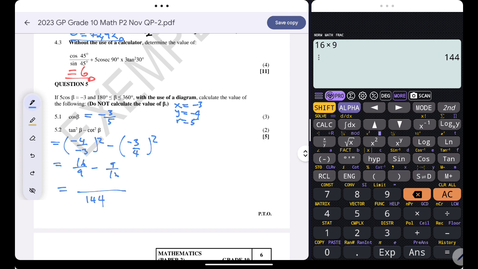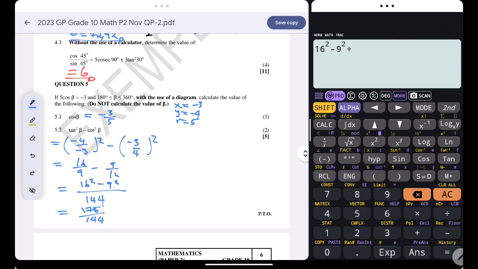Okay, whenever I multiply 16 by 9, I'll get 16 squared here and 9 squared, and what will be my final answer? 16 squared minus 9 squared is 175 all over 144.